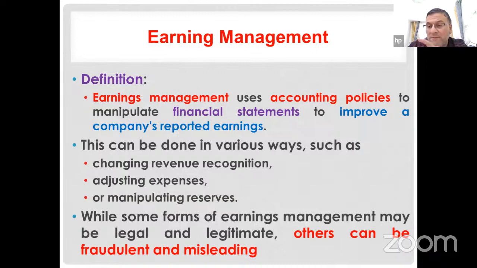And here is a red flag: most earnings management practices are harmful, misleading, fraudulent. Some of them, I think a few, are not. It is not a general case, but in some cases earnings management is considered a good practice. In the coming slides, we can give more ideas about it.